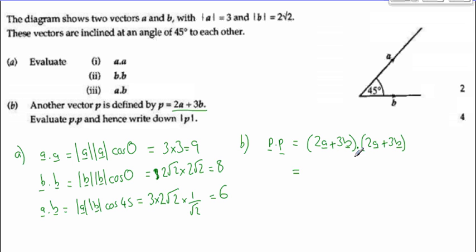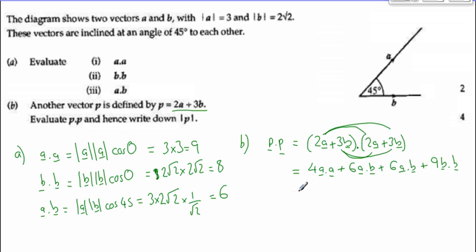So 2A dot 2A, that first dotting, is going to be 4 lots of A dot A. Then we've got 2A dot 3B, so that's 6 lots of A dot B, plus another 6 lots of A dot B, plus the 9 lots of B dot B.